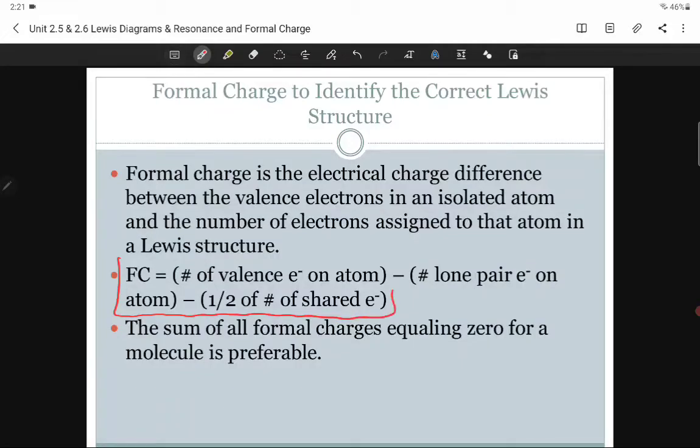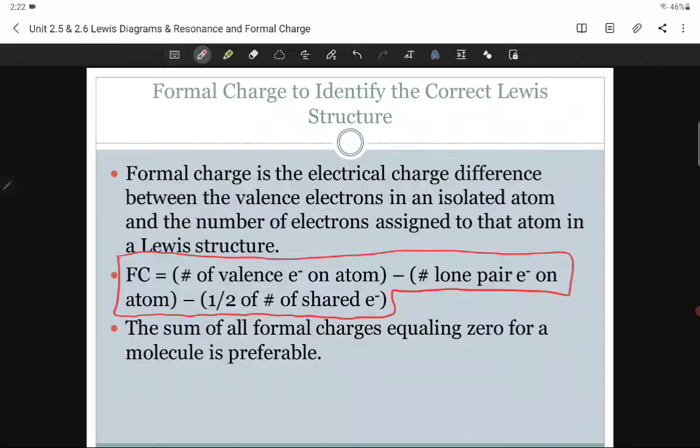And this equation is not provided for you, so you're going to have to memorize that. So you're going to count up the valence electrons for a particular atom that's in the molecule, and then subtract any lone electrons, that's the ones that aren't being shared, and then you also subtract half of the shared. Okay? And you'll designate each atom in the molecule with a certain formal charge.